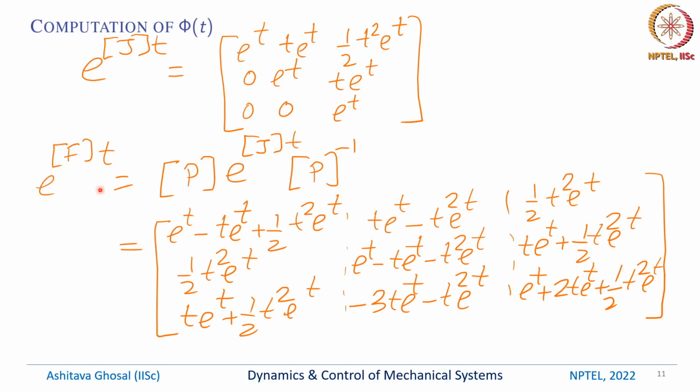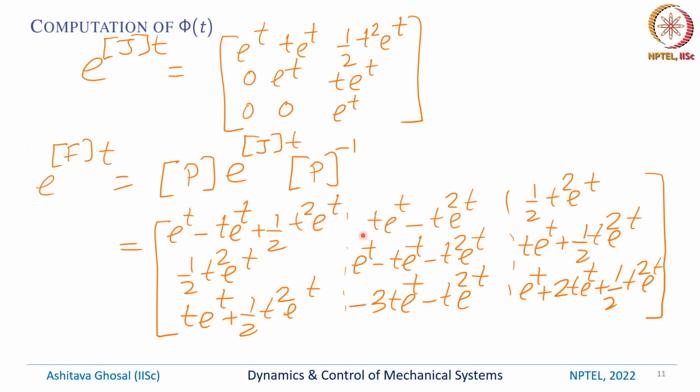So e to the power Ft is this P into e to the power Jt into P inverse. And remember, we found out what was P in the previous slide. So if you substitute P and e to the power Jt and P inverse, all of these are existing, you will get this reasonably complicated expression for the state transition matrix or the exponential of this matrix.